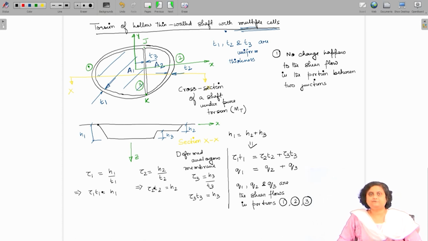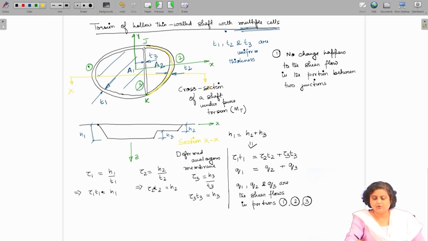That is the first inference that we can make, because each portion is going to have a single H, and so H is constant. Over this entire portion 2, because it has a uniform thickness T2, I will have a uniform depth of the deformed membrane H. Therefore, the shear flow here, which is tau into T2, is constant, a single value for this entire yellow colored portion.